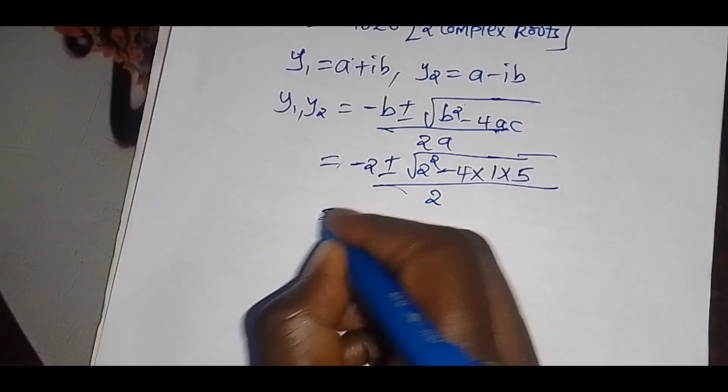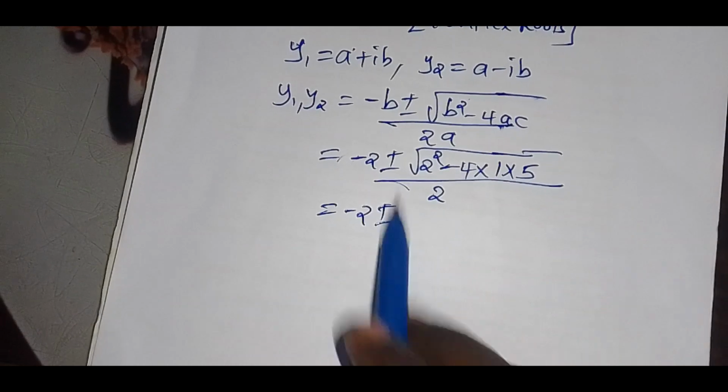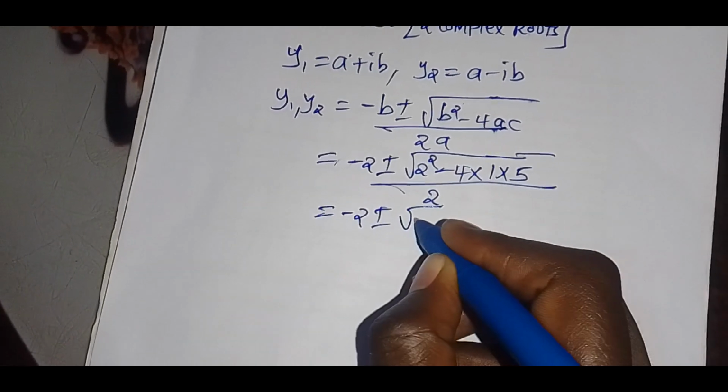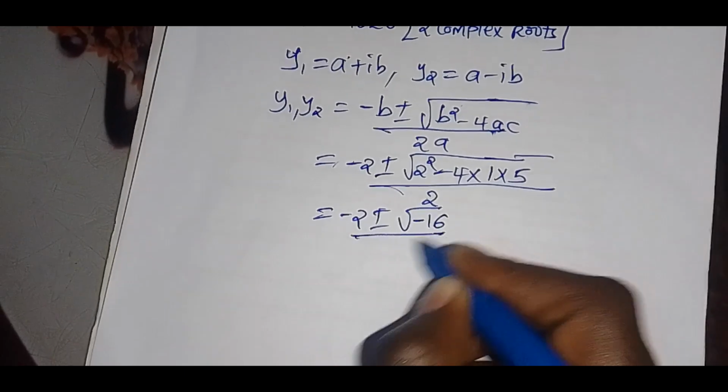So this means that we'll have minus 2 plus or minus the square root of negative 16, divided by 2.